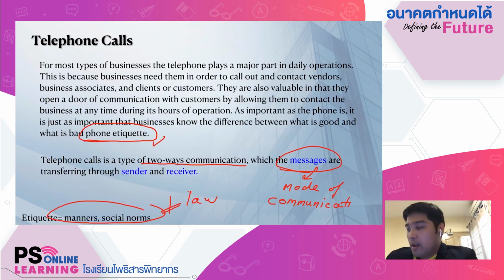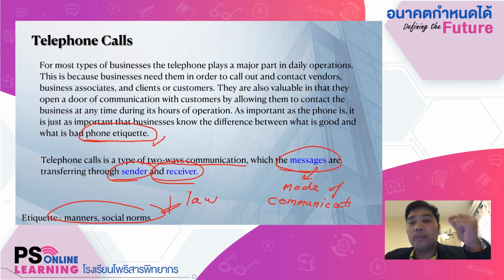Okay? So a telephone call is two-way communication. What is two-way communication? It involves the sender or speaker and the receiver, a listener, and the thing you communicate we call the message.